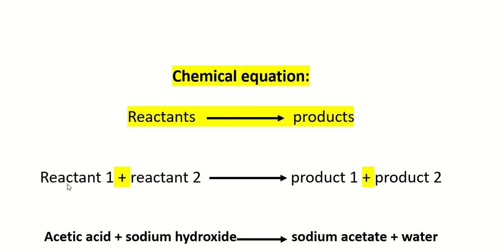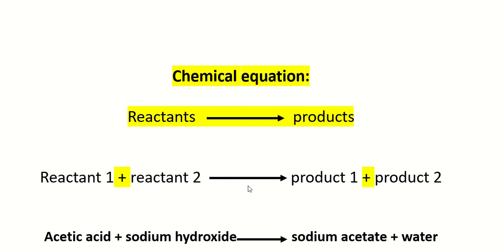So substance number 1 reacts with substance number 2, or reactant 1 reacts with reactant 2. If we have three substances that react with each other, we say reactant 1 plus reactant 2 plus reactant 3, and so on.